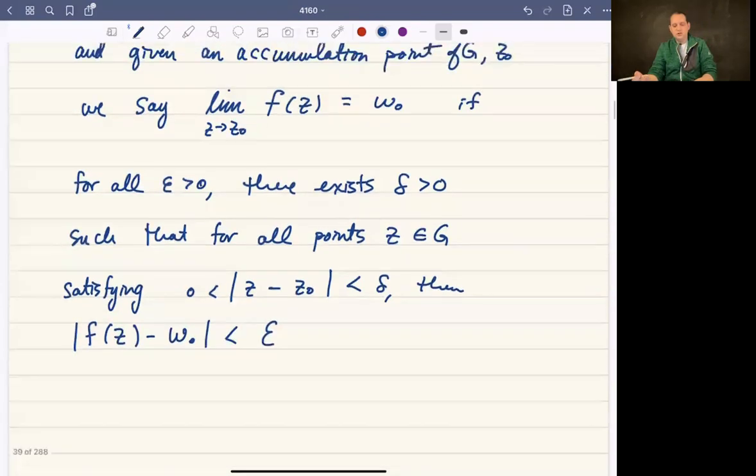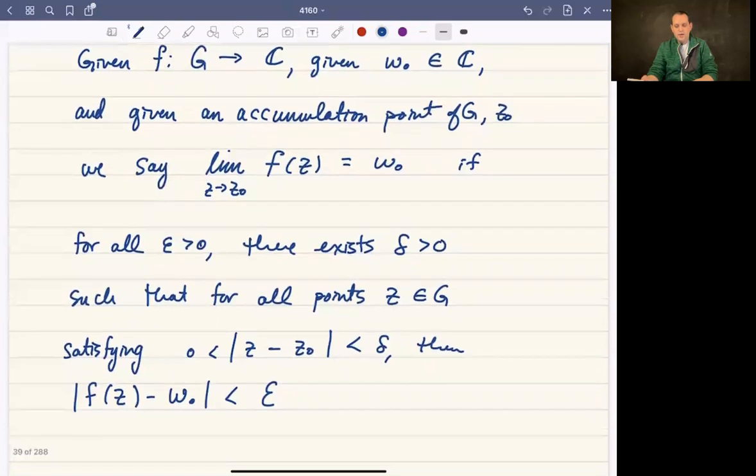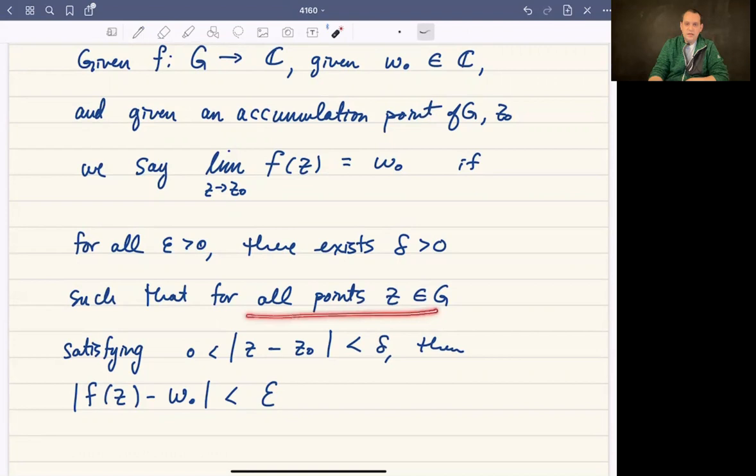And I think that this deserves just a pause and then just to think about what this is saying. This is similar to what happens in Calc 1 when you talk about epsilons and deltas, but there's two subtleties here. One is that for all points in G, and so that's to account for accumulation points. So what this is saying is that there's this property that holds in order for the limit of f of z as z approaches z naught to be omega naught.